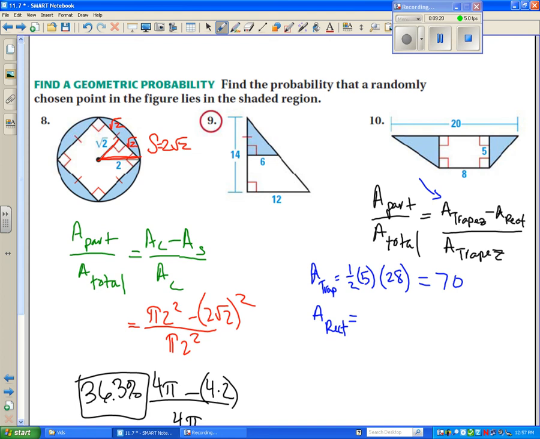Alright, so that's the area of a trapezoid. Area of the rectangle is 8 times 5, which is simply 40. And then the area of the trapezoid minus the area of the rectangle is 30. Area of the trapezoid is 70. So we have 3/7. 3/7 as a decimal, or as a percentage rather, is 43 or 42.9. Let's do 42.9. Let me erase that.